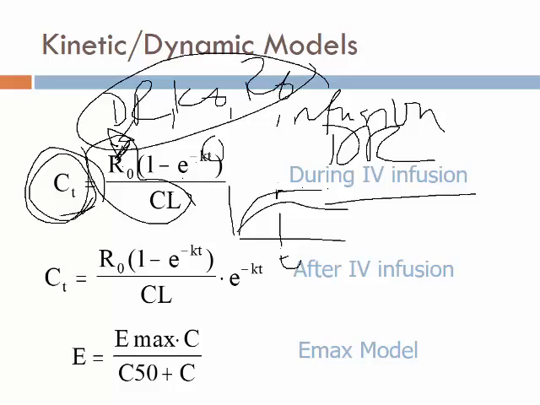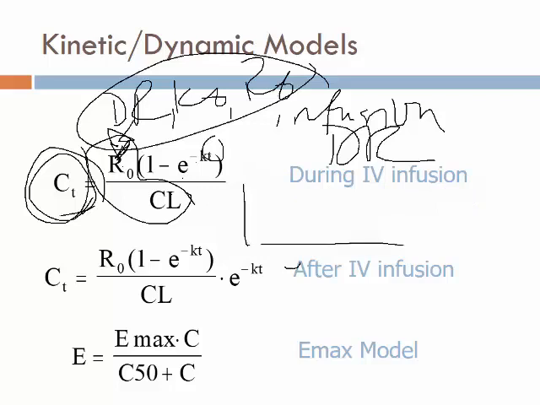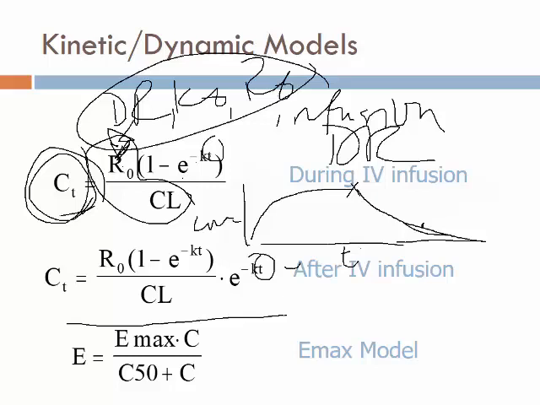If you stop that infusion, I'm going to write that out a little clearer. Here we start an infusion, and at any time t here, we can determine the concentration. If you stop that infusion here and the drug starts to decline, this is concentration, this is time, then you can determine the concentration after the IV infusion at any time t using this equation, where we put the t in here.